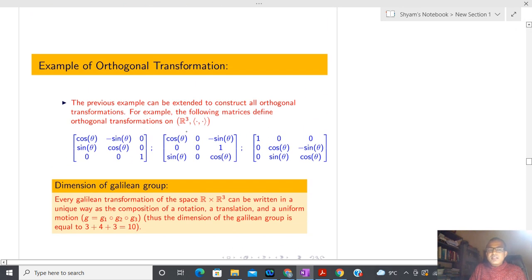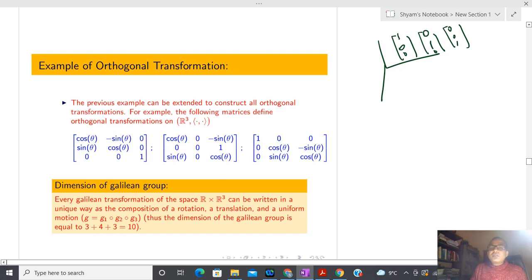Now we are in three-dimensional space. Again you can take the basis, and the basis is 1 0 0, 0 1 0, and 0 0 1. Again you can project it. It is very easy to see that if you rotate about the z-axis with angle theta, then this is exactly the same as the rotation on the xy plane, and this is 1.